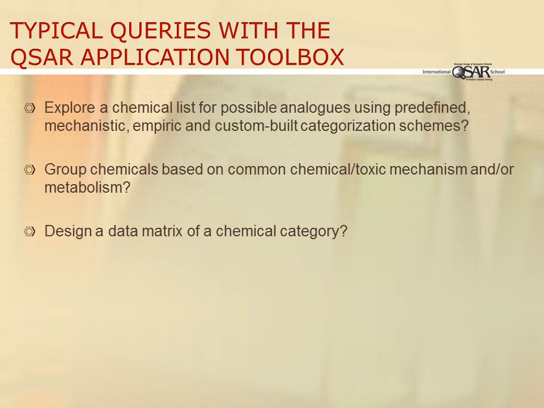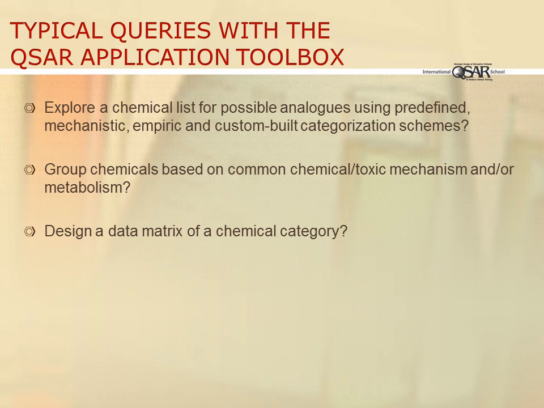We would also want the toolbox to group chemicals as much as possible based on common chemical mechanisms or metabolism or metabolic pathways. I think one of the most difficult parts of the definition of similarity in the regulations is the term whether the chemical is expected to behave similarly, which really means, do all of the chemicals within a given category have similar metabolic pathways and detoxification mechanisms?